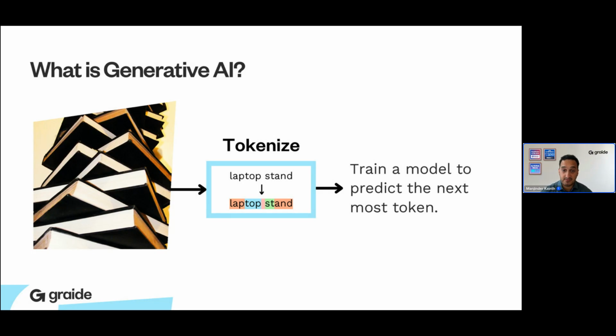A great example of this would be if I was to complete the sentence: the cat in the blank. What fills that sentence? Based on your experience of what you've read and what you've lived, you might say hat or box or house.